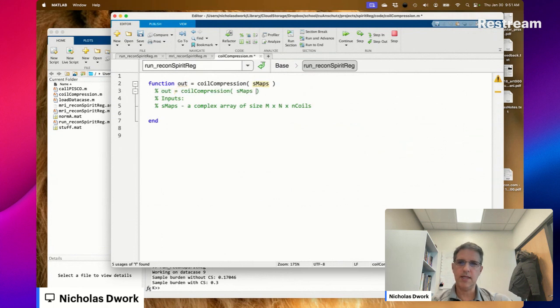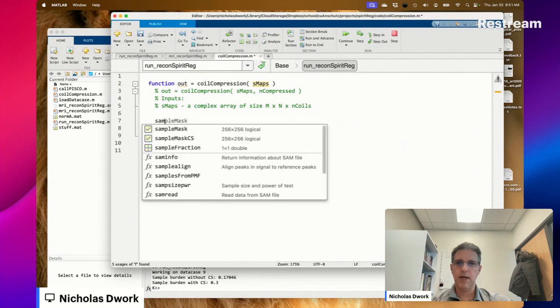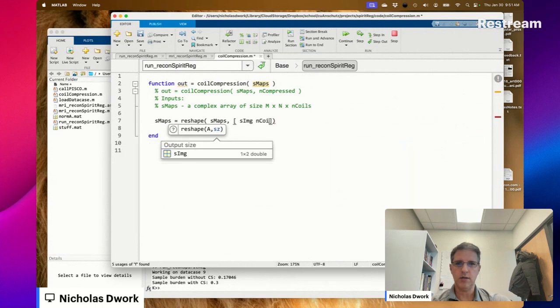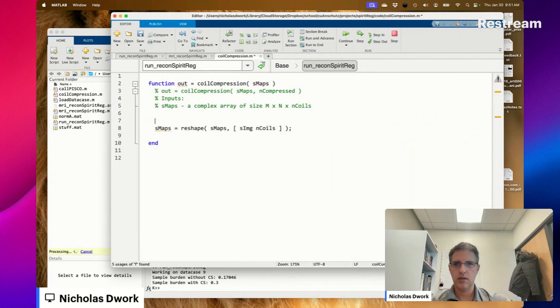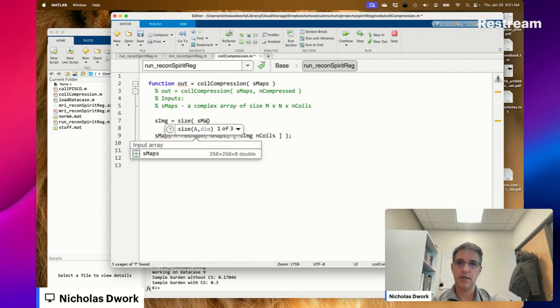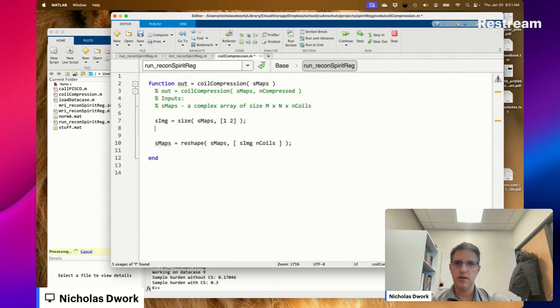We have to decide the N compression, N compressed. So we're going to start out with N coils and we're going to compress it down to N compressed. S maps equals reshape S maps, S image, and coils. S image is equal to size, S maps, 1, 2, and coils is equal to size, S maps, 3.